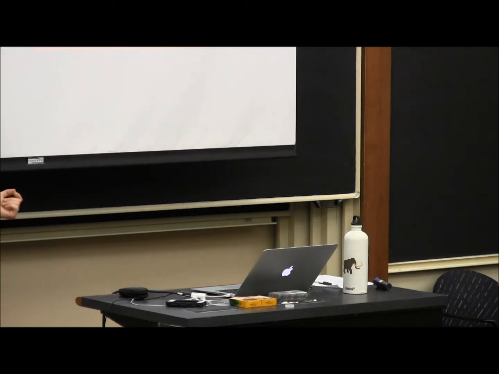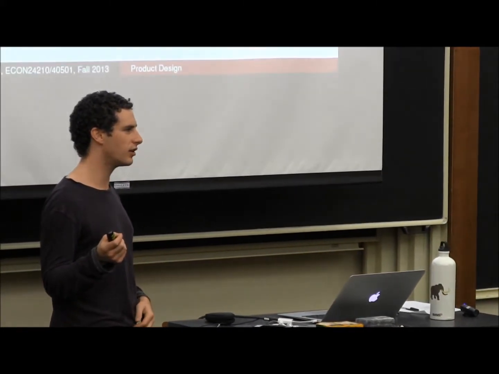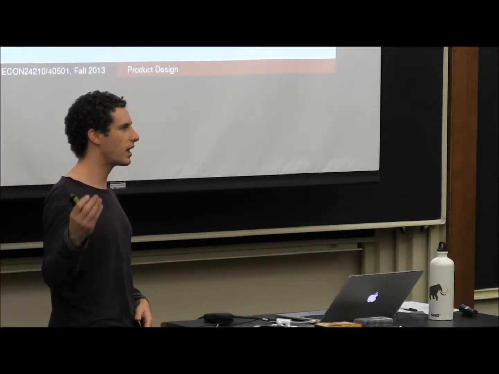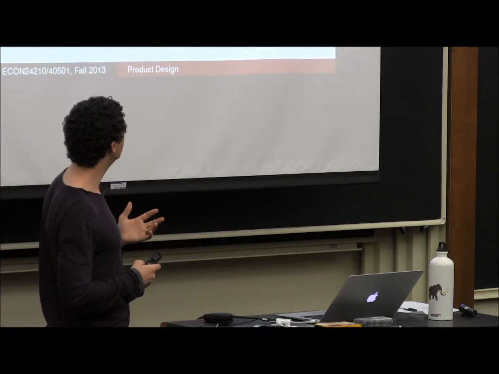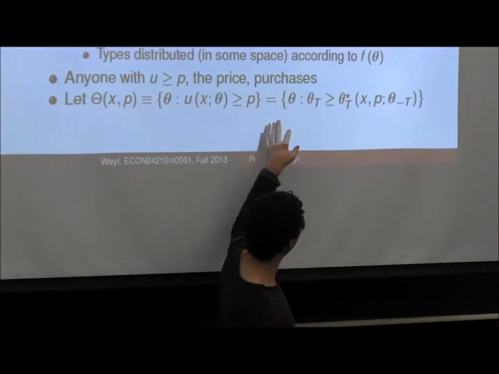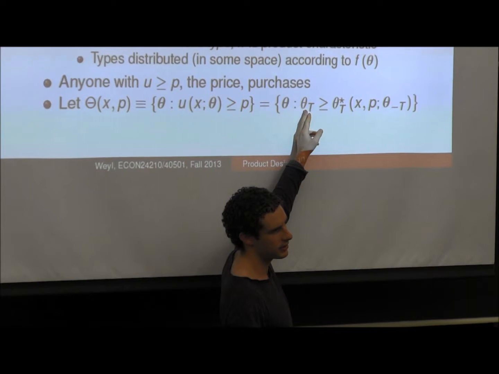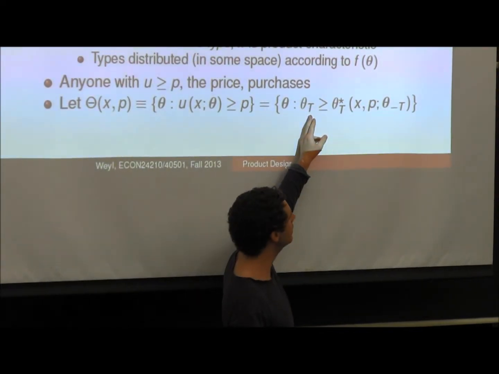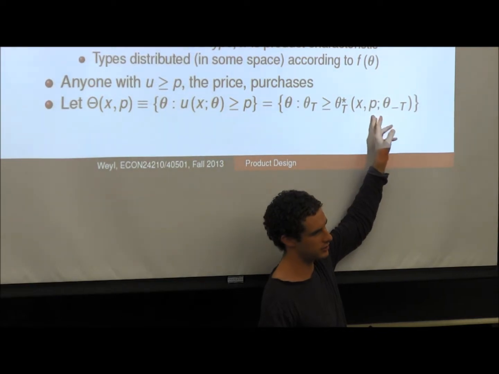Another way of denoting this is that we can take the last element of people's type, and if we assume that utility is increasing in all of the dimensions of the type, that is, people with higher types have higher utilities, then the set of all people who purchase the product are all of those who have the last dimension of their type, theta sub t, greater than some threshold which is determined by all the other dimensions of their type.